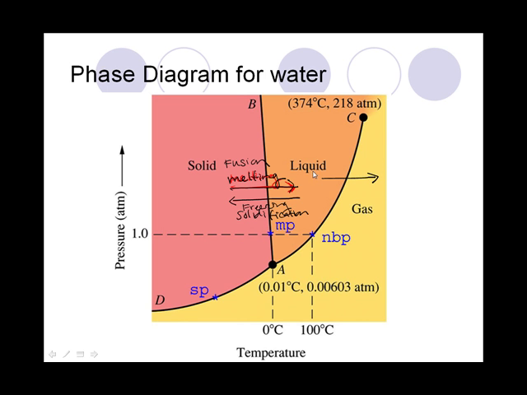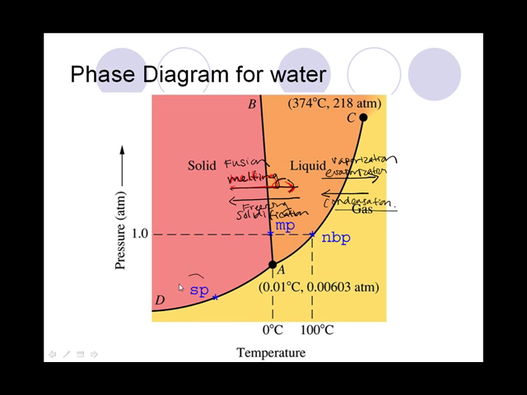This change from liquid water to gaseous steam is called evaporation, or otherwise called vaporization. This change from steam going into a liquid is called condensation. No other word for it, okay?